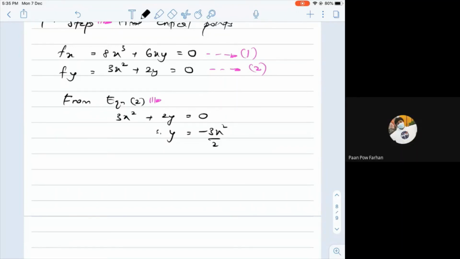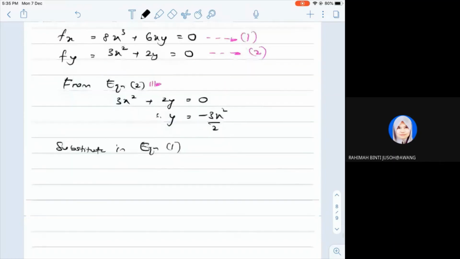Substitute in equation 1. Okay, so we will have 8x cubed plus 6x multiplied by negative 3x squared over 2 equals to 0.